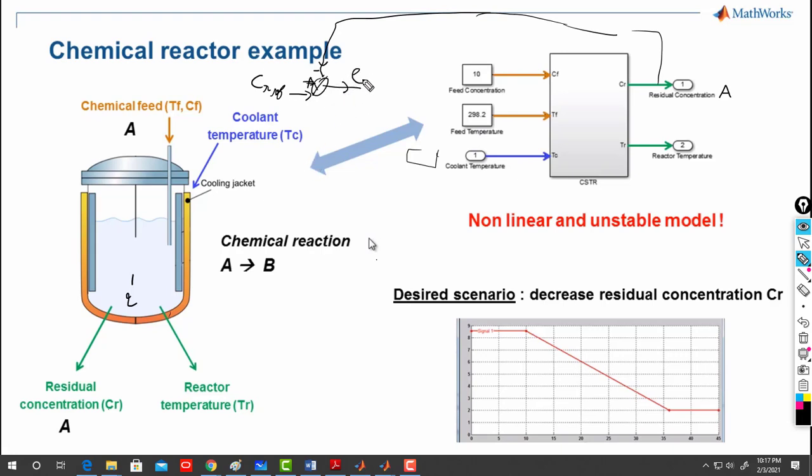Here you get the error. You want to decrease the concentration of A.